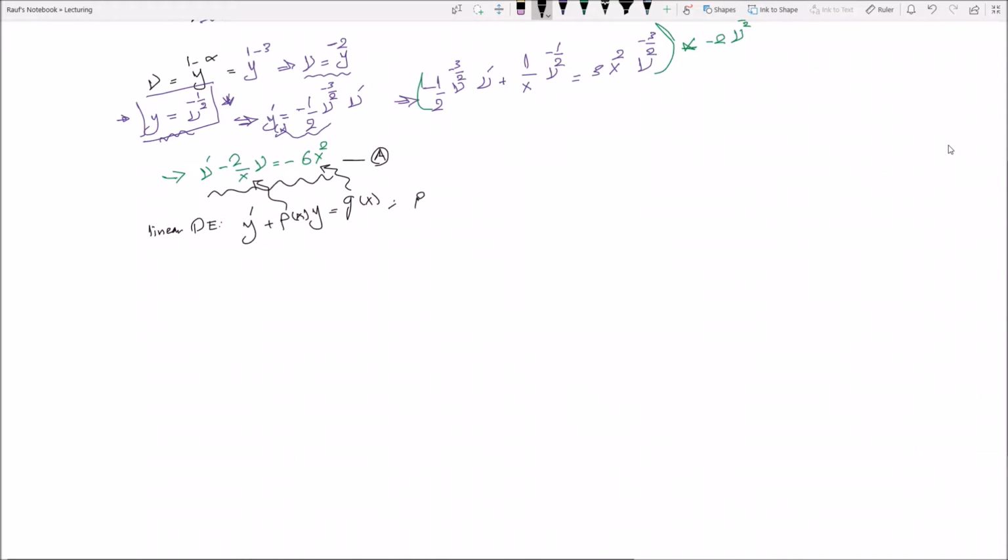So we identify p of x in this case for equation A as minus 2 over x, and q of x equals minus 6 x squared. Now let's solve it using the integrating factor method.